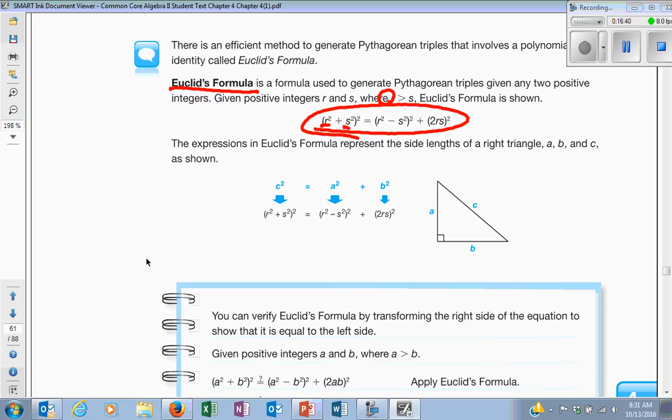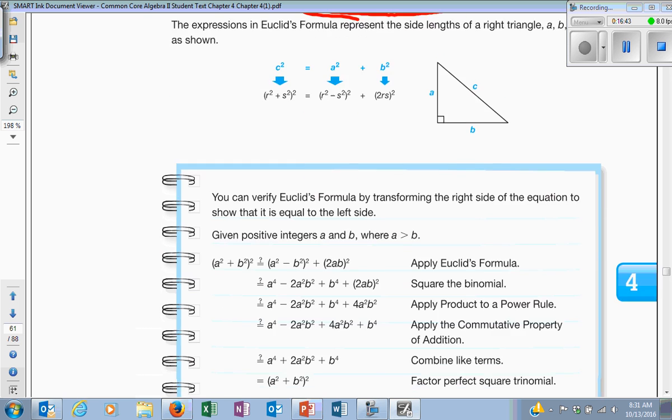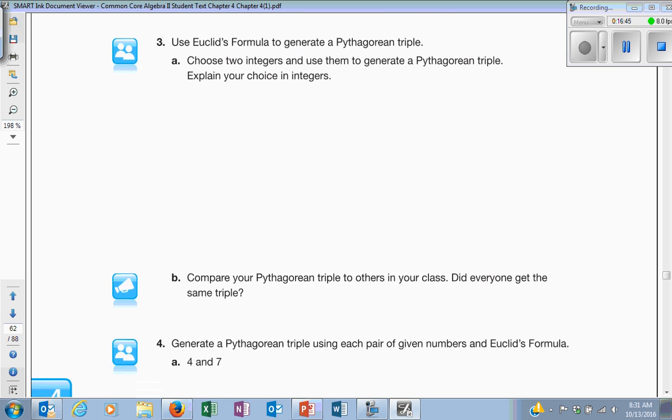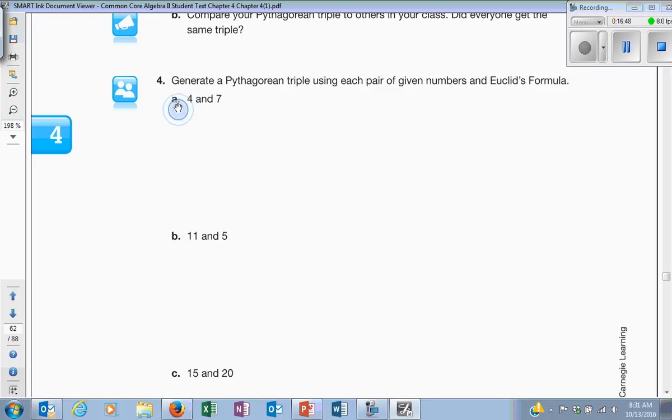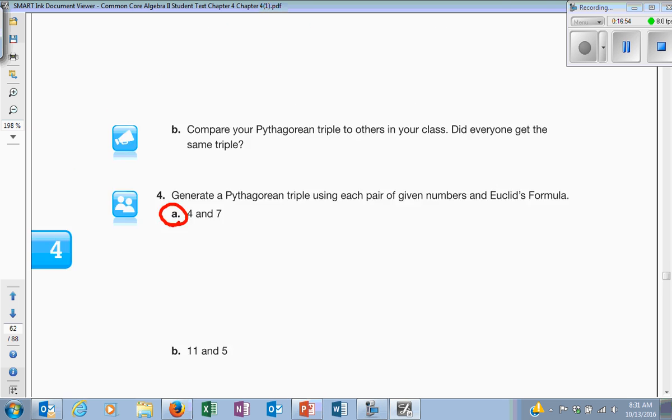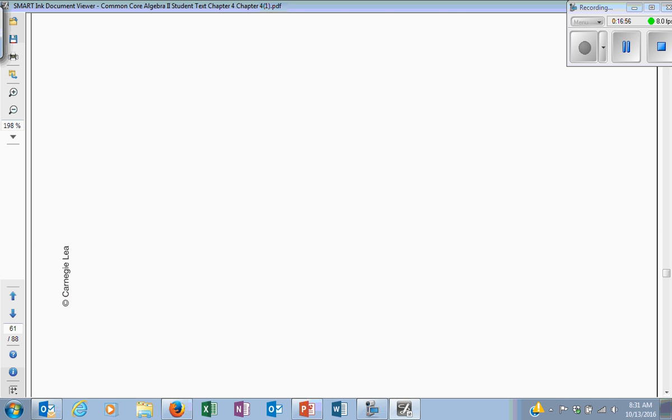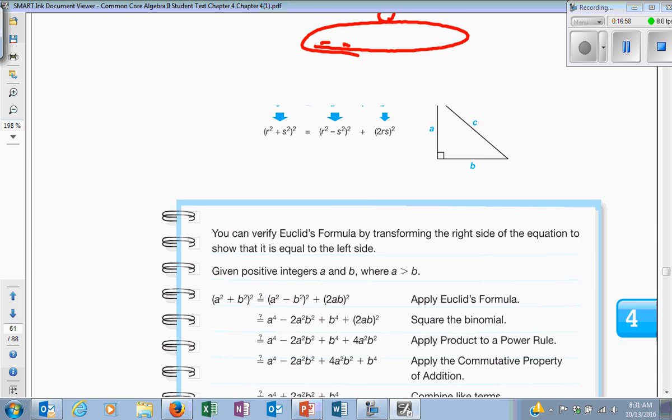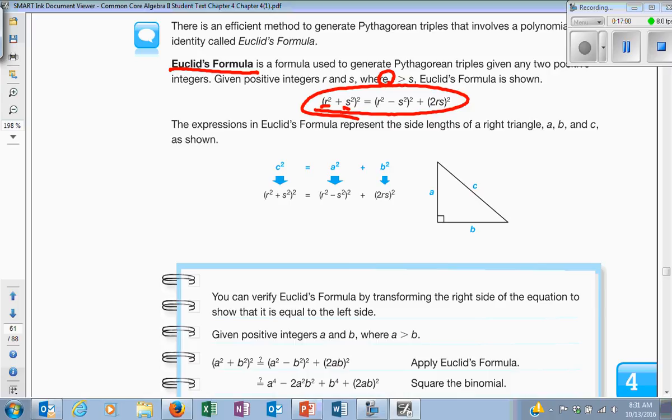So like down here, we're going to do this one. 4 and 7. I'm going to do it closer to up here, though, so we can talk about where these numbers are coming from. 4 and 7 are the numbers we're using. Are you with me? What one is going to be R? 7. Why? There we go.